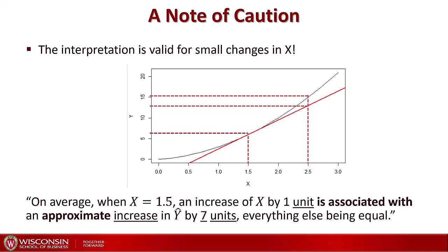So on the graph, it's following the red line, and the approximate change in y hat is the value for y at x equals 1.5 and the value for y hat at x equals 2.5 on the red line. You can see that the actual change for our model is actually larger. If we go further than that, you see that the red line and the curved line grow further and further apart. So the approximation will get worse and worse.